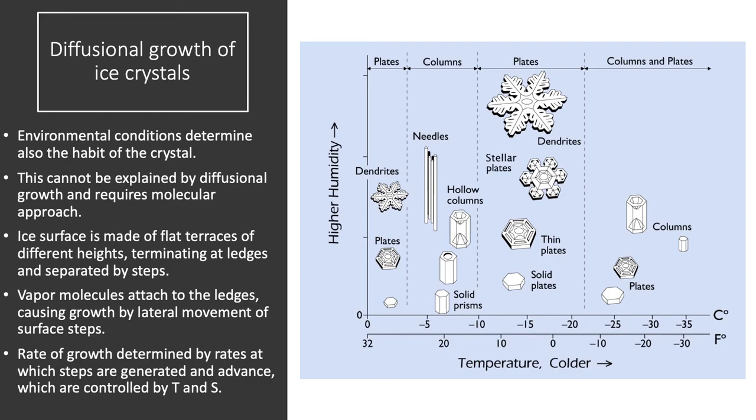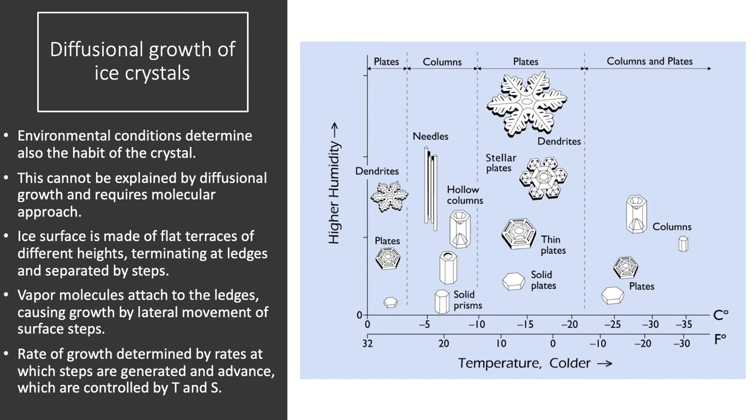And for example, for temperatures between -10 and -20, at lower humidities you'd have solid plates. At higher humidities, you have dendrites. If the temperatures warm up a little, you can have prisms, for example, or ice needles.